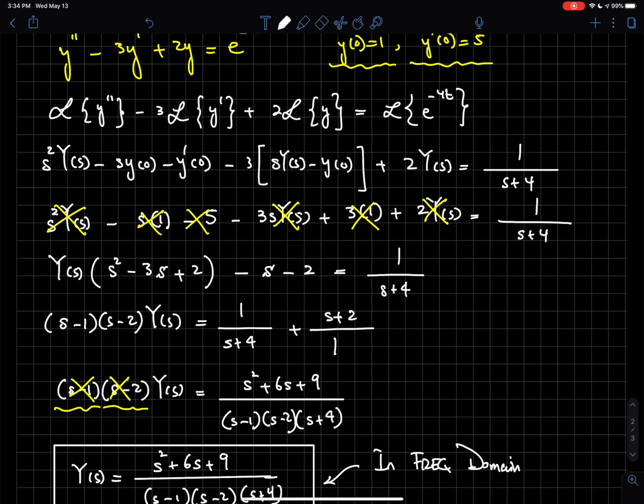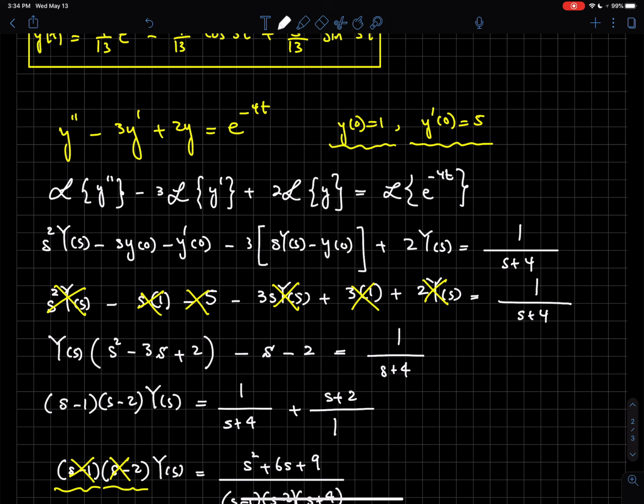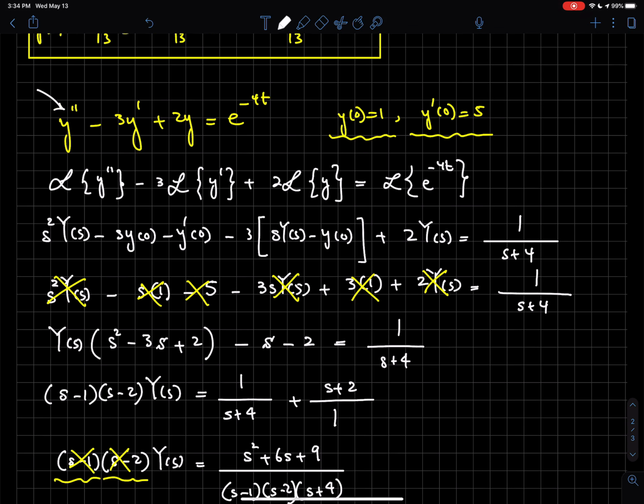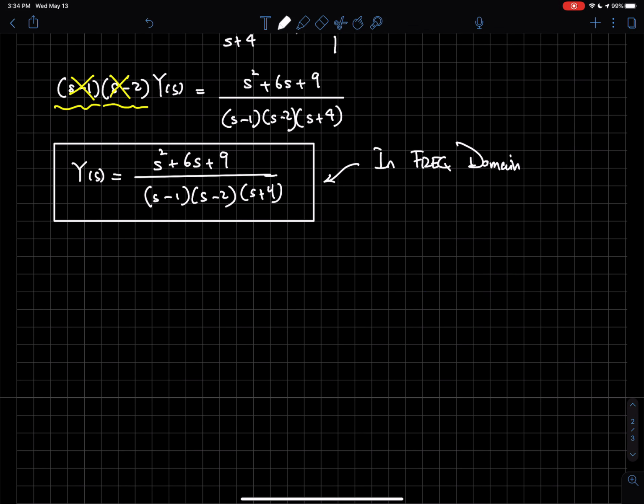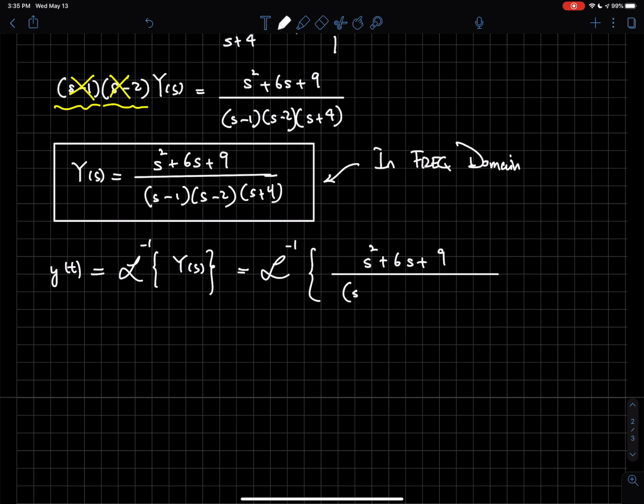And my given differential equation was in time domain. So therefore, I want my solution to be y of t. And I know y of t is simply the Laplace inverse of Y of s, which is basically the Laplace inverse of my expression here, s squared plus 6s plus 9 over s minus 1, s minus 2, and s plus 4.